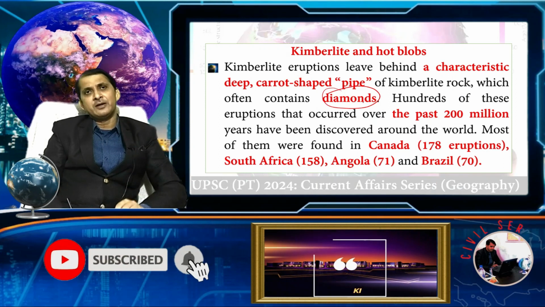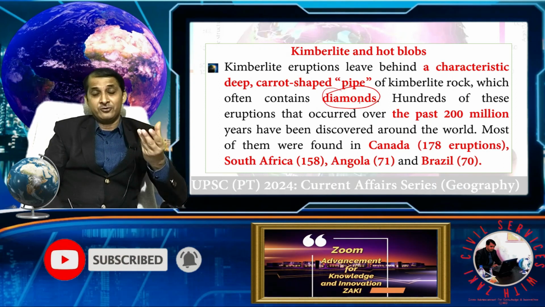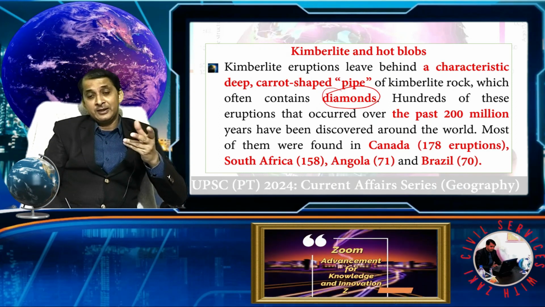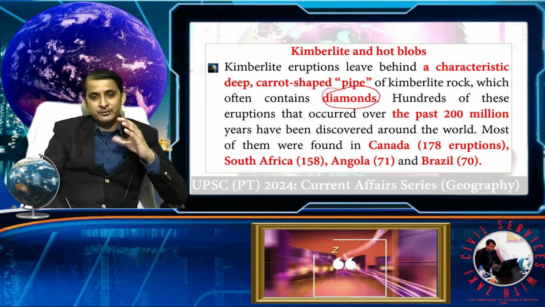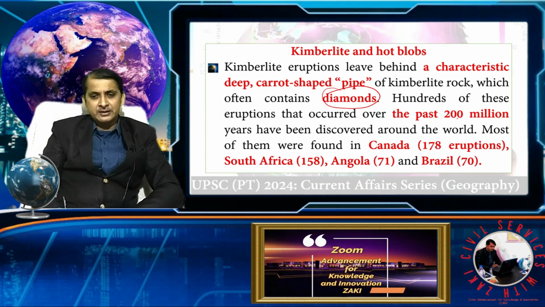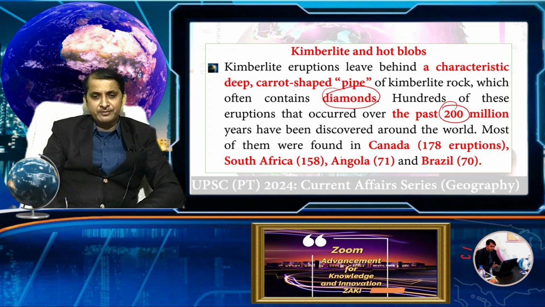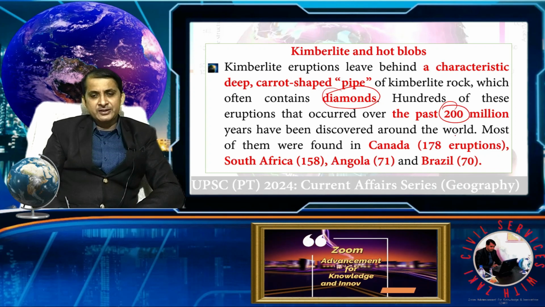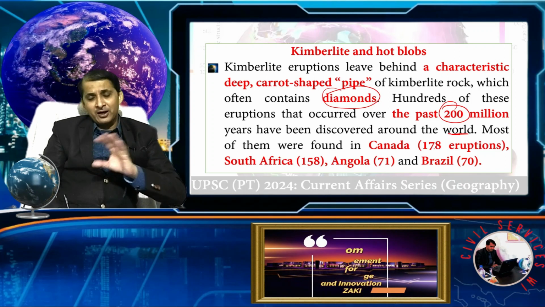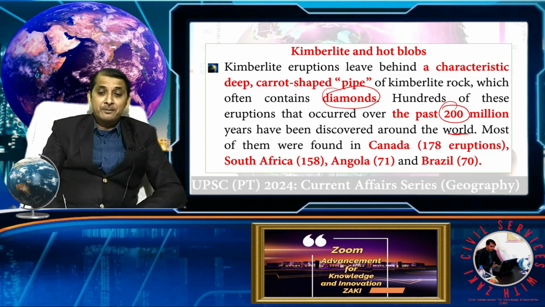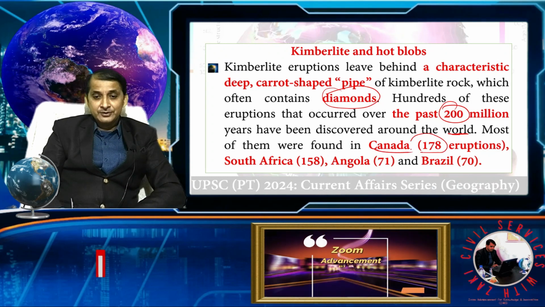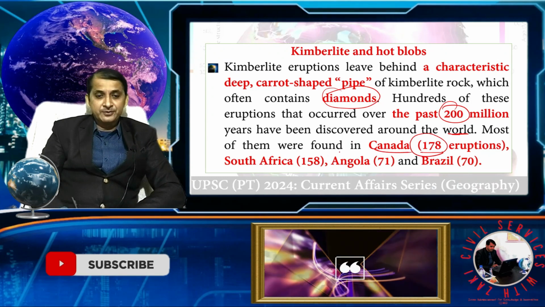So remember, not all kimberlite contains diamond, but most kimberlite pipes often do. Hundreds of these eruptions occurred over the past 200 million years and have been discovered around the world, including our India, but most of them were found in Canada, 178 eruptions.